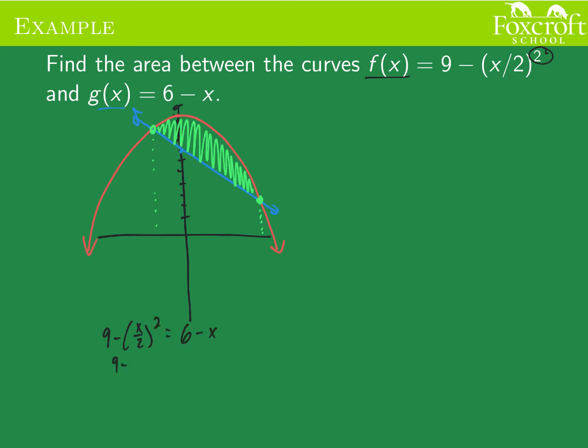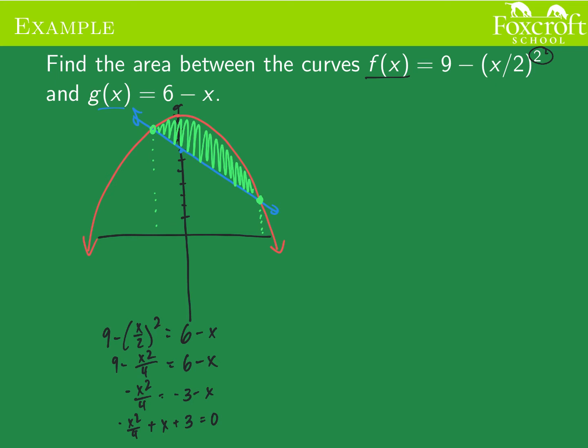First, I'm going to square this. Let's subtract 9 first. Normally when solving a quadratic equation with x squared, I want to get everything on one side, so I subtract the 6 as well. I get negative x squared over 4 plus x plus 3 equals 0.